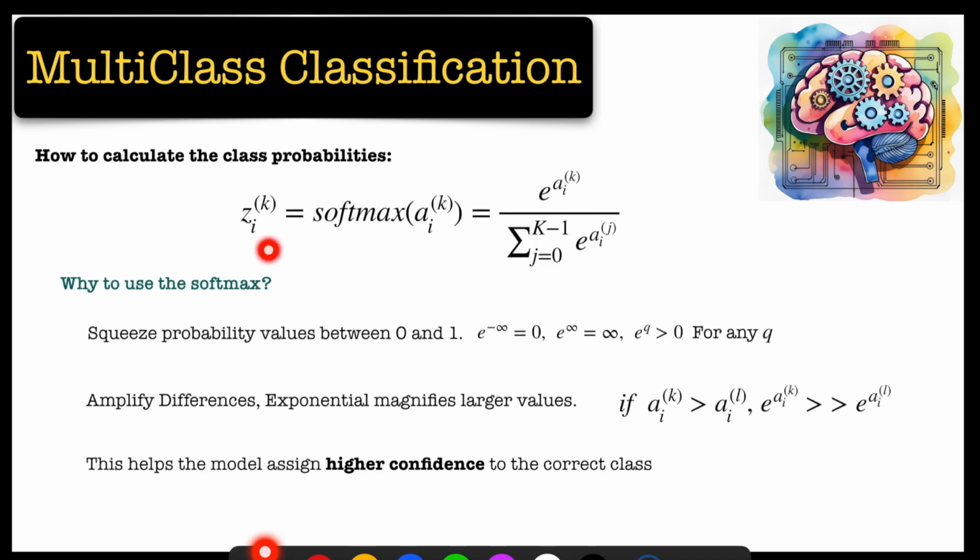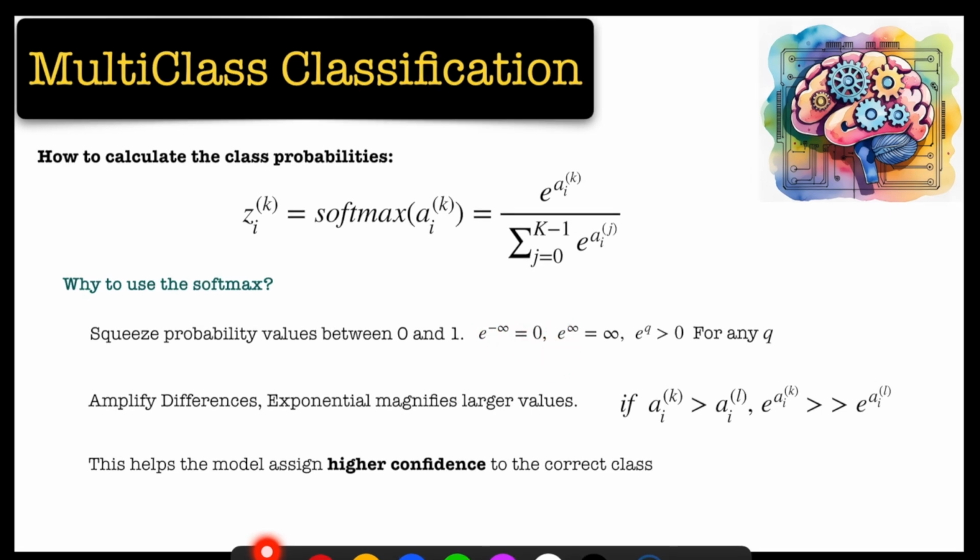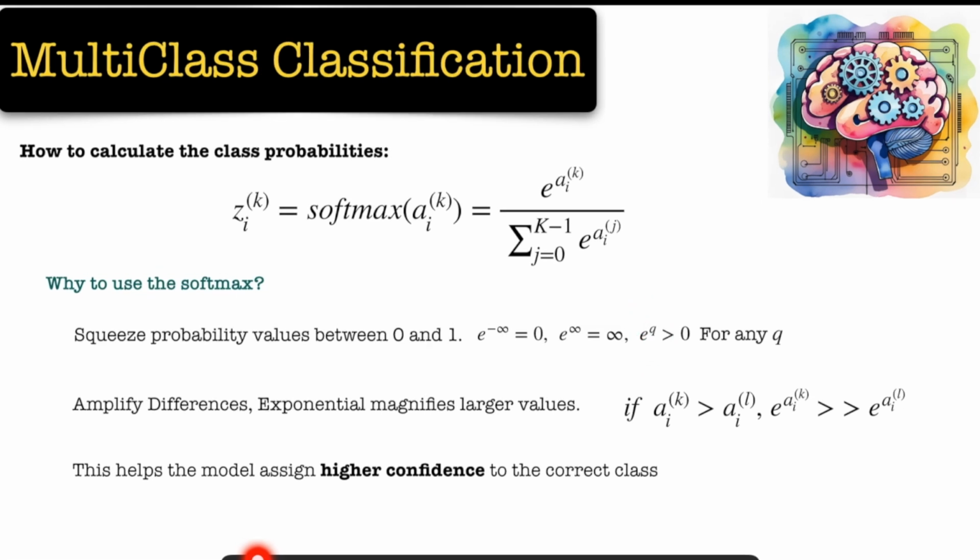So this is the softmax function we saw. Now why do we use softmax? Softmax squeezes the probability values between 0 and 1. Let's see why. e raised to the power minus infinity is 0, e raised to the power infinity is infinity, and e raised to the power any value is greater than 0.